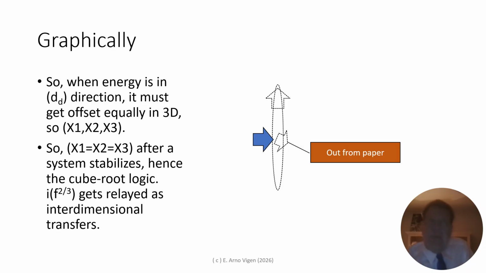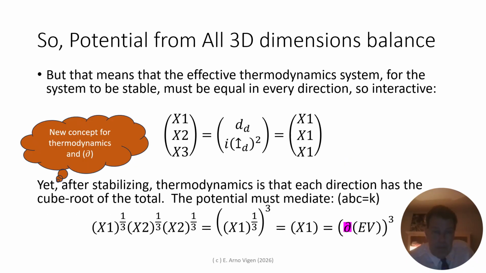And eventually, in thermodynamics, all dimensions must balance. So the spacing and the arrangement of all the molecules come back so that x1 equals x2 equals x3. So that's really the question here. Now I think of this as a dimension with a separate dimension squared.